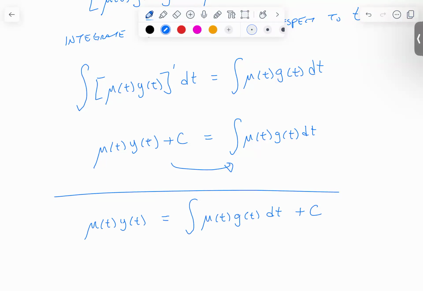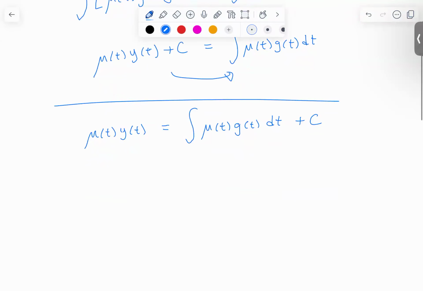Since it is any constant, it doesn't matter if I just say plus c on the other side. Even though you subtract from both sides, I subtracted an unknown constant, so it doesn't matter. And then, all right, remember our overall goal: we are trying to solve for y. So I'm going to divide by my integrating factor here.